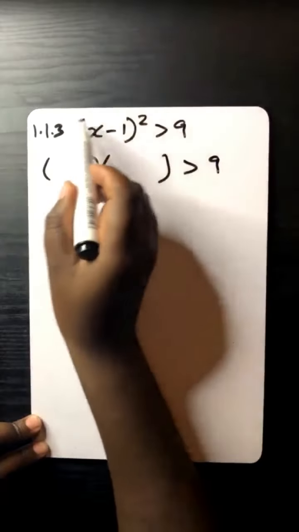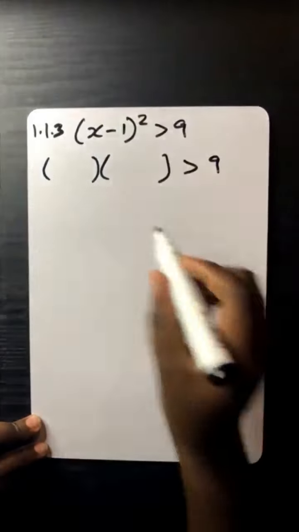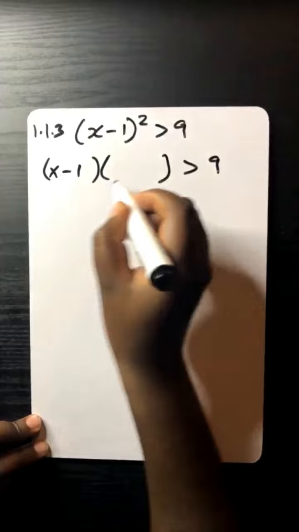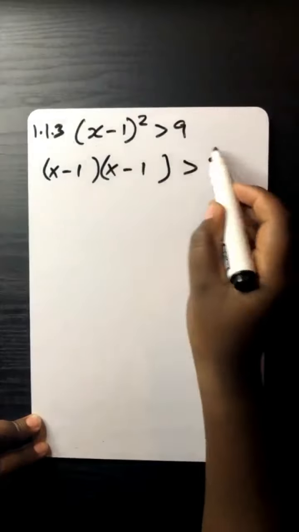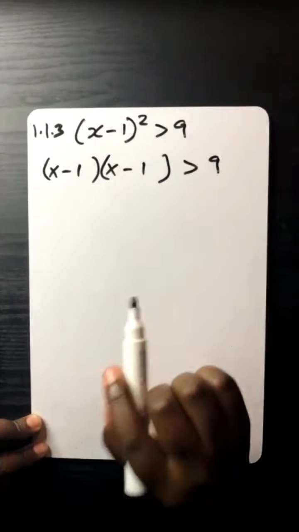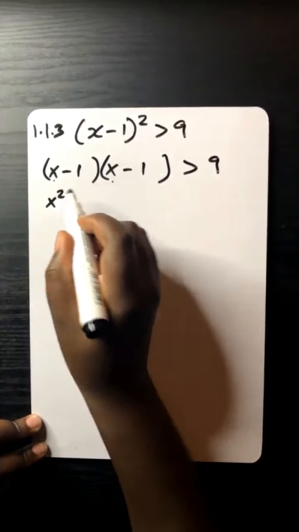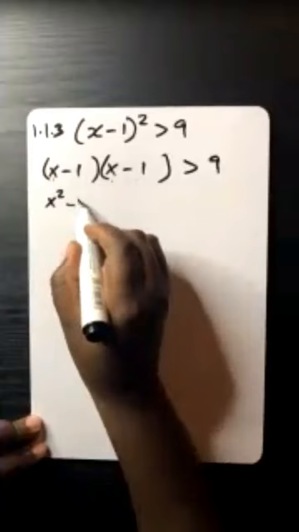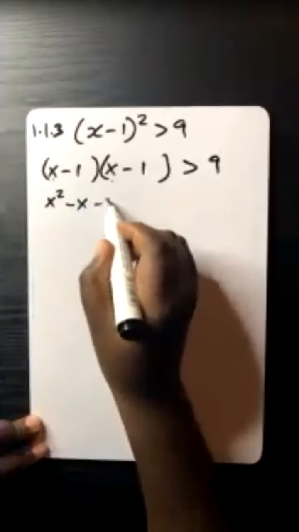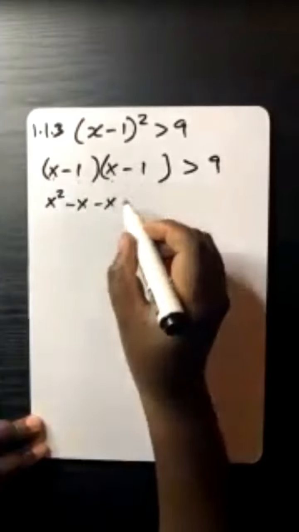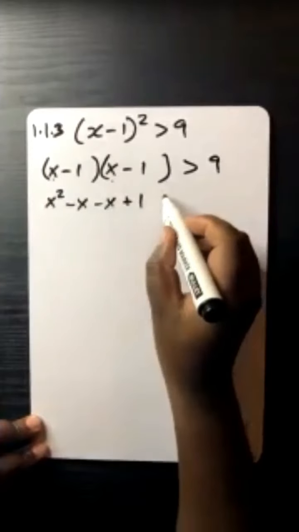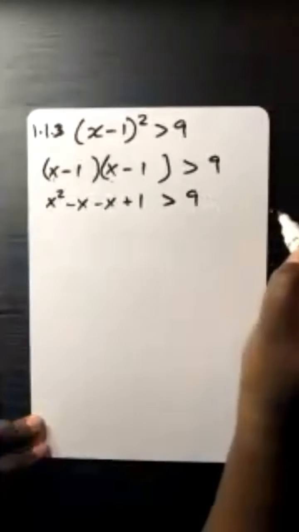We're only interested in solving that part. So, we've got x minus 1, x minus 1. That times that is x squared. That times that is minus x. This times that is minus x. That times that is positive 1. The whole of that remains the same.